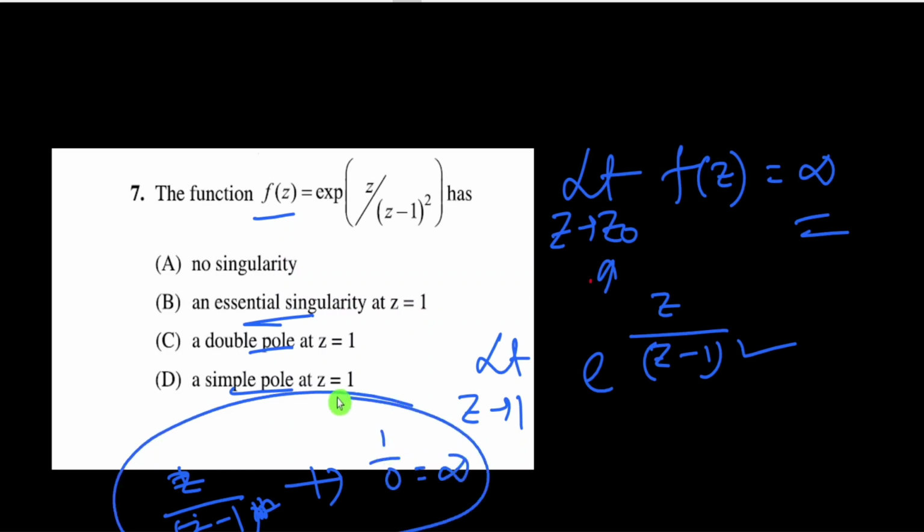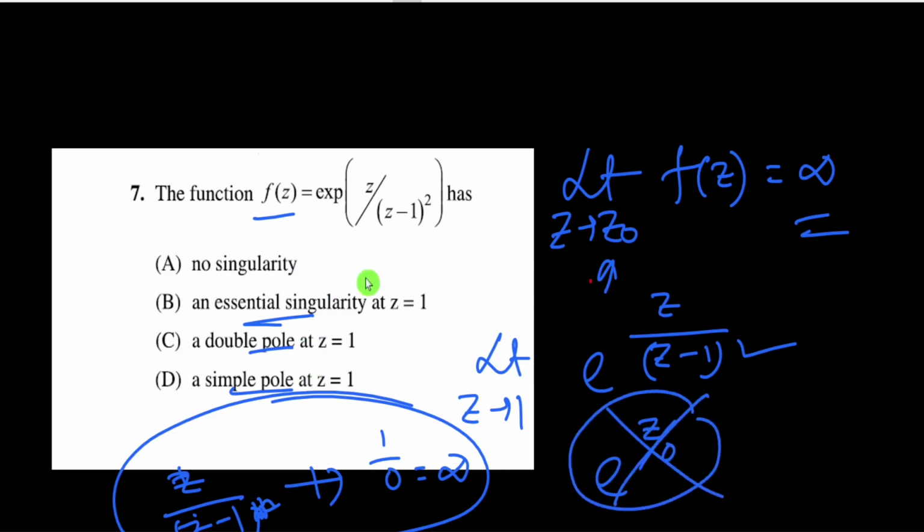But in case of exponential of z/(z-1)^2, as z tends to 1, this gives an exponent of this form, which does not exist. Therefore, this clearly gives the essential singularity at z equal to 1, and the remaining options are incorrect. It is not a pole, not a double pole.